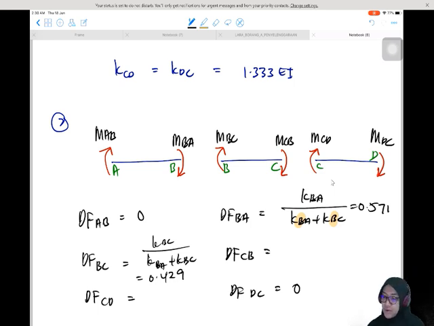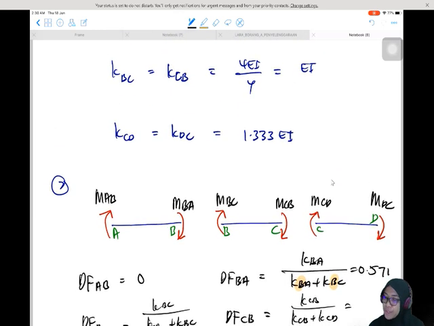Okay, we will continue with the distribution factor for CB. So DFCB is equal to KCB over KCB plus KCD. So this is equal to 1 divided by 2.333.